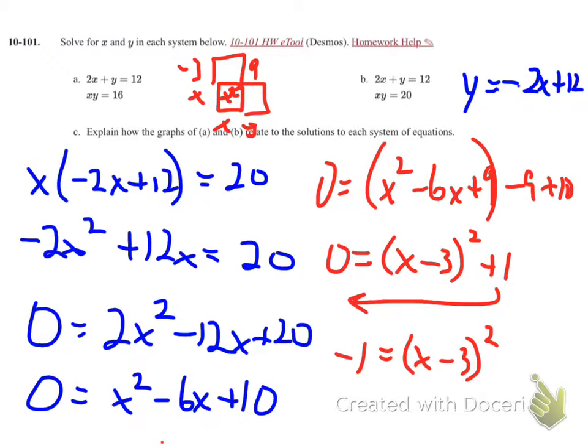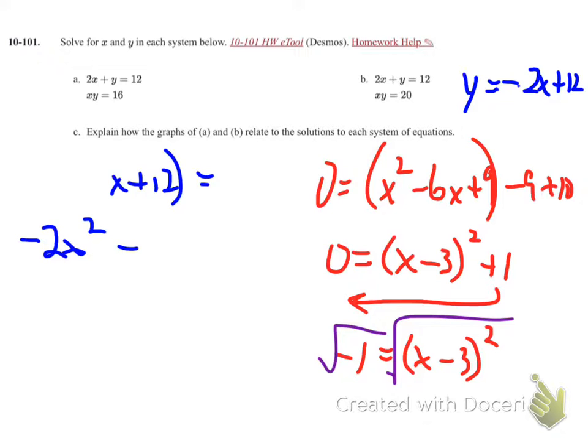You might see right now that we're going to get into some imaginary numbers. So I square root both sides. Now this right here becomes i, and I'm going to have a plus or minus for that.